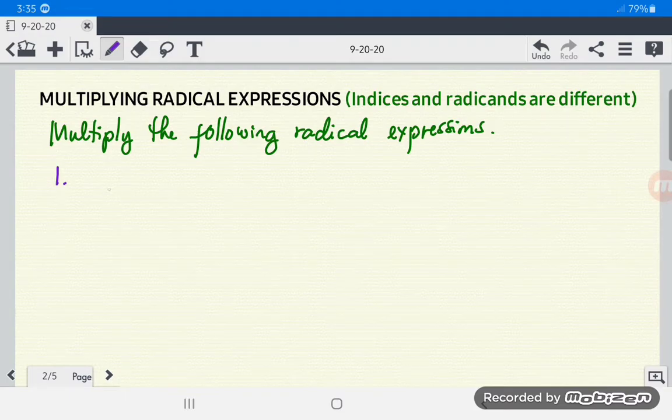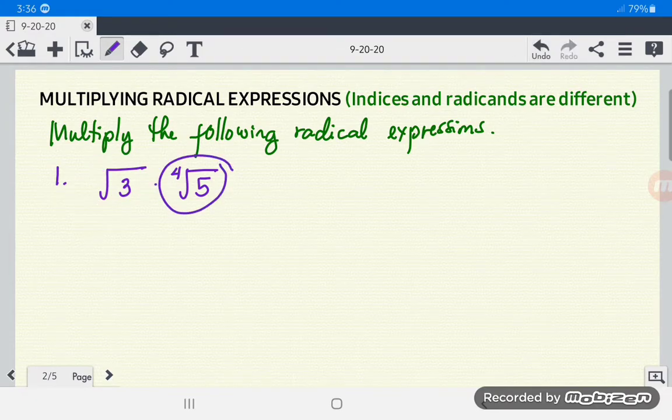Let's say we have the square root of 3 times the fourth root of 5. Notice that the indices are different, right? In the first radical expression, the index is 2, and in the second radical, the index is 4.